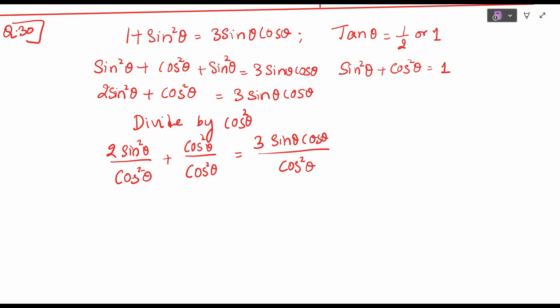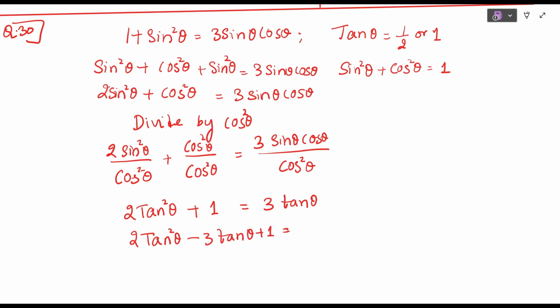Now what will happen, students? Sin square theta by cos square theta gives tan square theta, so you will get 2 tan square theta plus 1 is equal to 3 tan theta. Okay. So now transpose: 2 tan square theta minus 3 tan theta plus 1 is equal to 0.